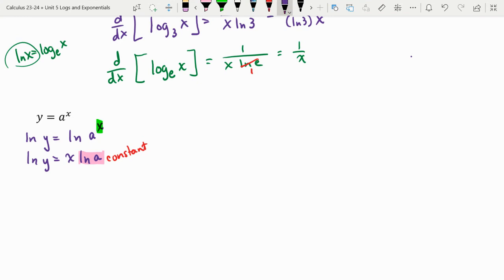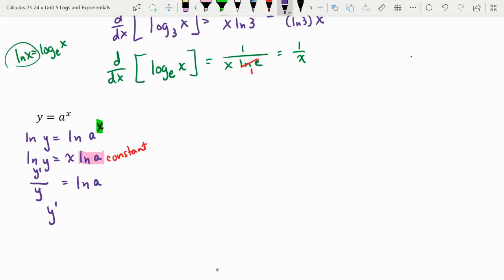So now I do implicit differentiation. On the left side, the derivative of the natural log of y is 1 over y, and then I need the chain rule, so multiplied by y prime. Then on the right I have my constant times the derivative of x, which is 1. So now I have y prime over y equals the natural log of a.